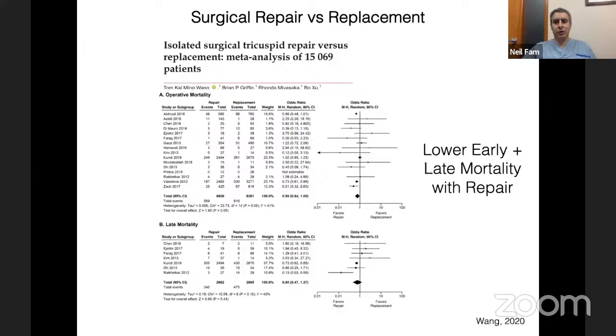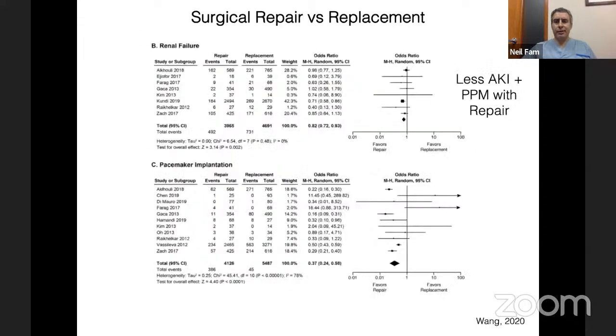There is this signal towards less early and late mortality in favor of surgical tricuspid repair. There's also the observation of less kidney failure and fewer pacemakers with repair, which is already what we're seeing in the transcatheter space. The pacemaker rate after a transcatheter valve is somewhere around 10%.